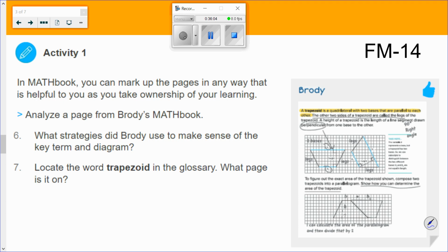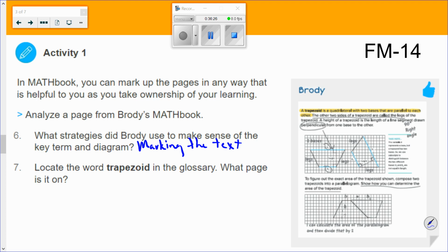Good. He used language arts and marking the text. See how he highlighted the trapezoid? But then he also underlined the other two sides. He also circled the math term perpendicular. So he's using marking the text, which is a language arts strategy.